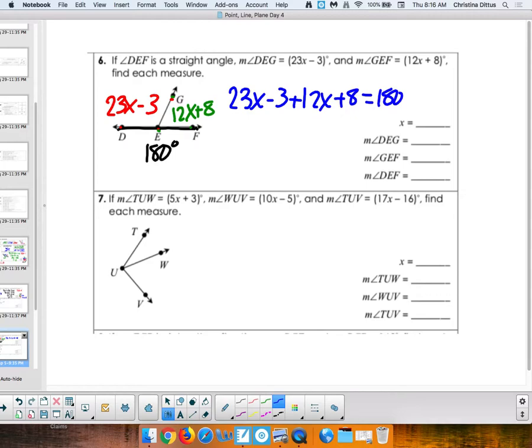How much x on the left? 35. 35x plus what? 5. Next thing. Minus 5. Good. And how much is x? 170.